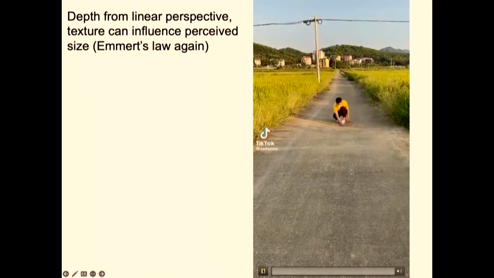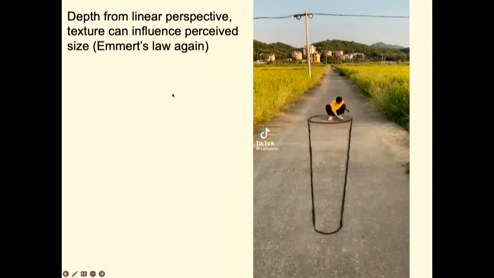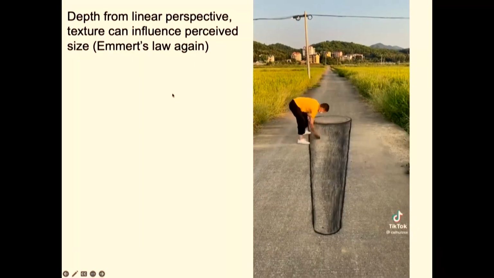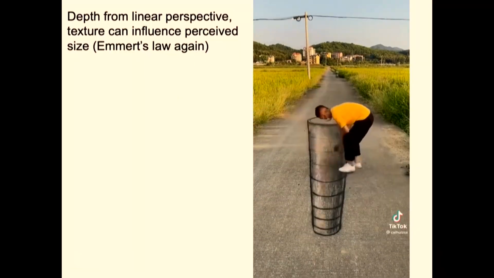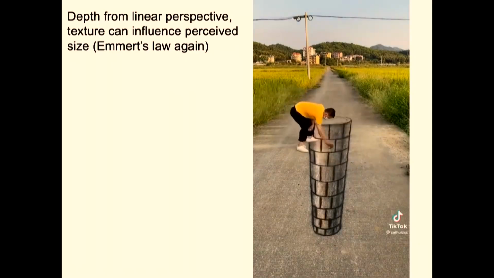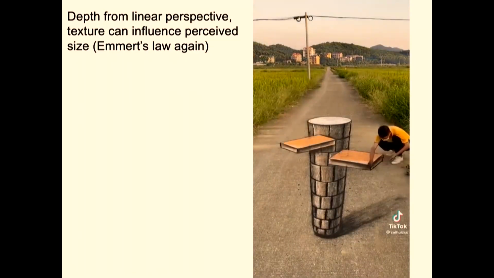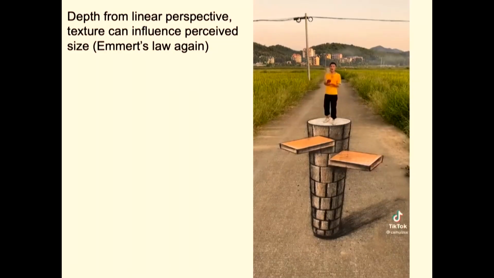This is something I just saw that's kind of interesting. Check this out, and see if you can figure out what's going on. This is an artist who's drawing this thing. It's going to look pretty 3D. Now he's going to jump.